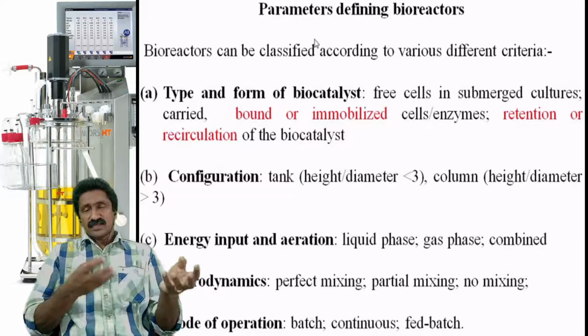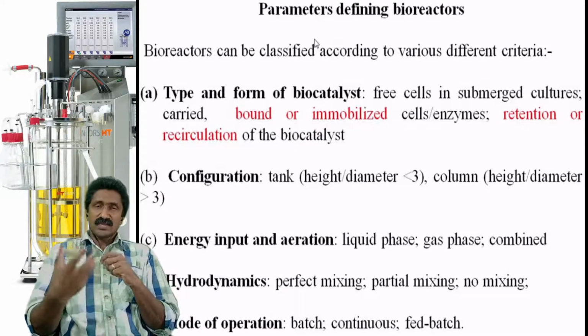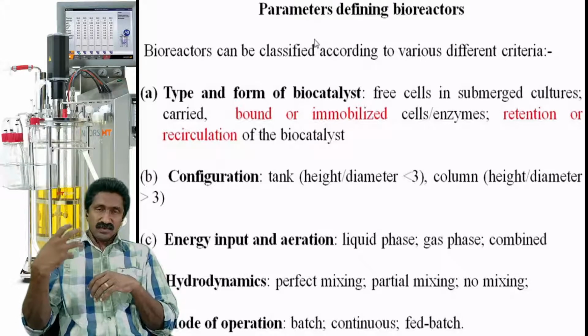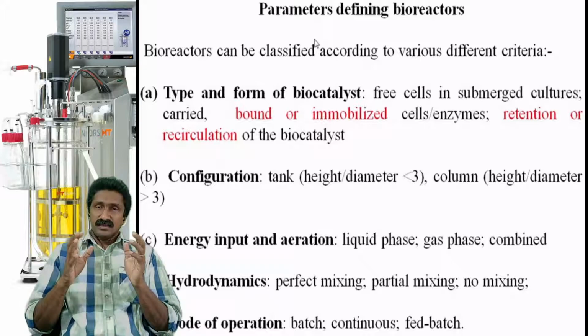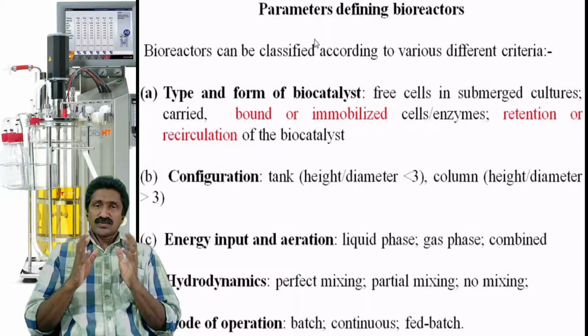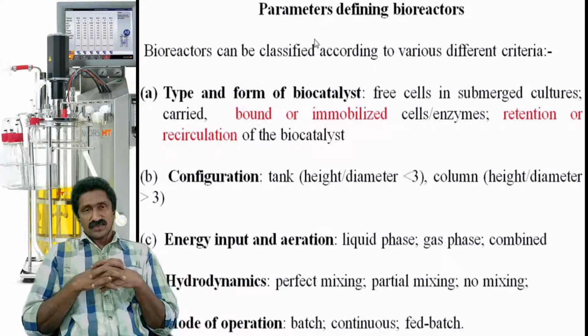So free cells like yeast cells in a broth medium, in a shaken flask, or in a continuously stirred bioreactor. The optimal use of that free cell is in such a submerged culture system.